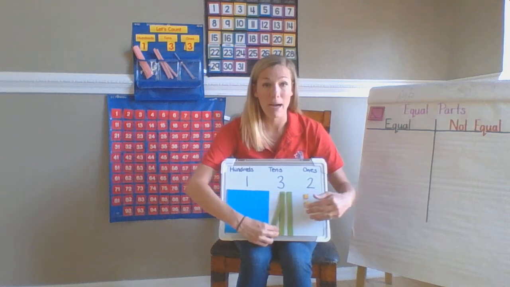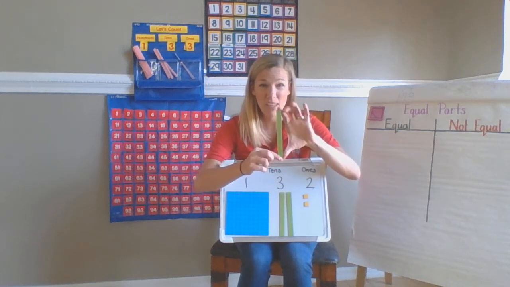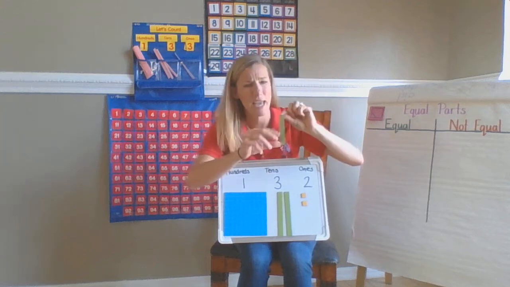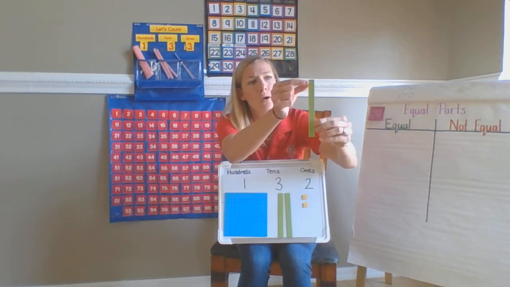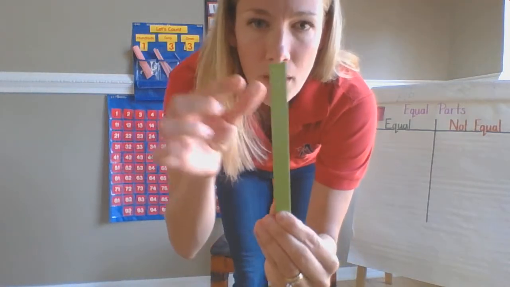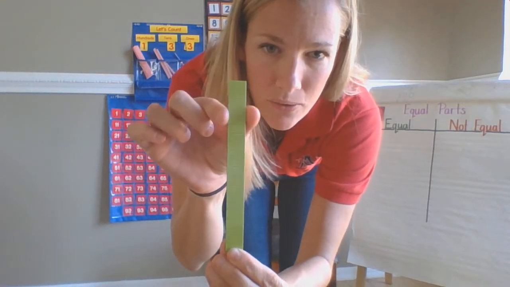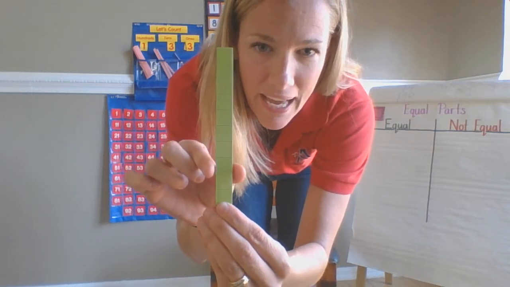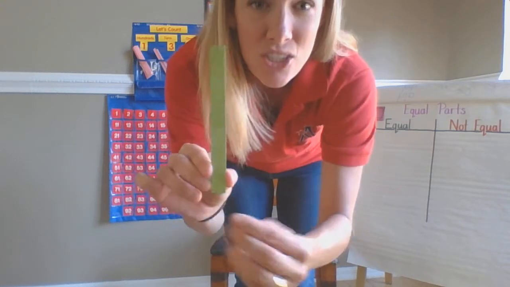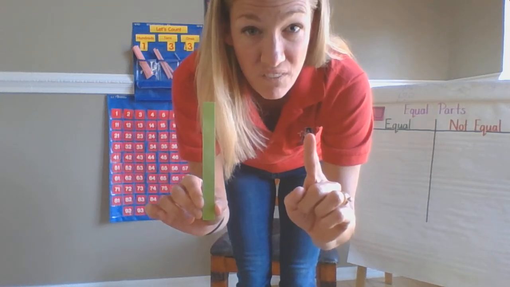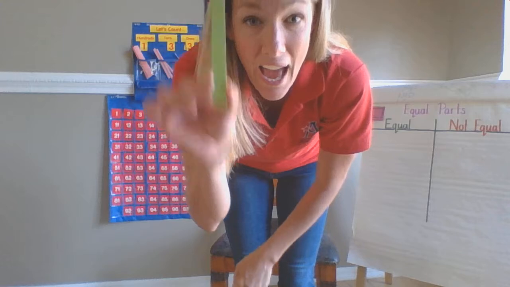Now these are my 10s. Each one of these rods has 10 individual ones in it. So let's count that and make sure. You ready? Let me go a little closer for you. Here we go. 1, 2, 3, 4, 5, 6, 7, 8, 9, 10. So instead of counting each one of those by ones, I could make that more efficient and count this as a 10.